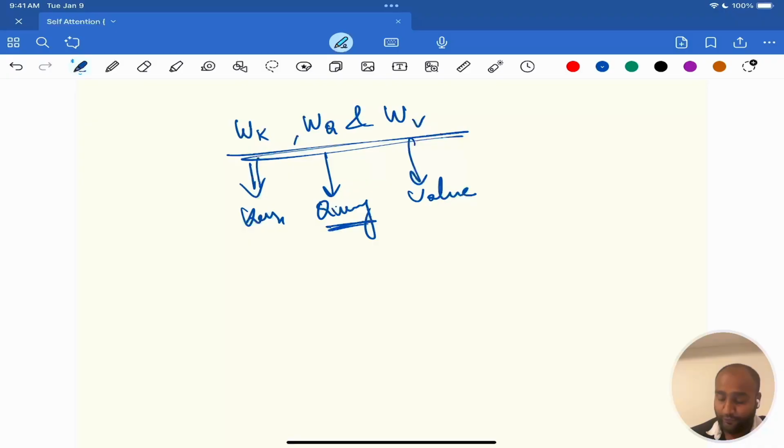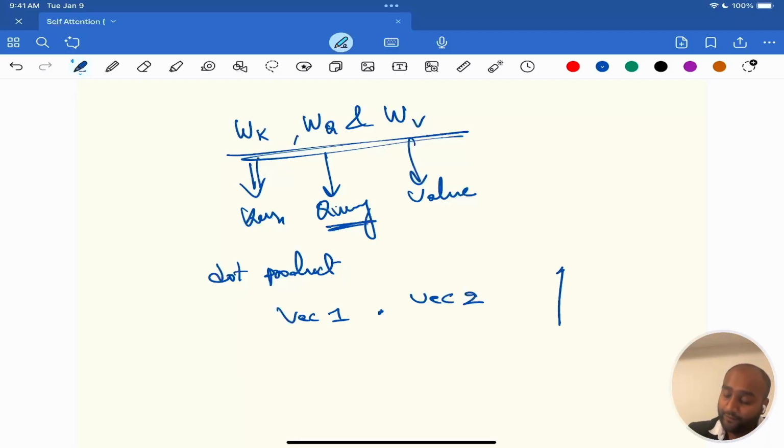You all know this concept of dot product, right? Imagine there is vector 1 and there is vector 2. When you do a dot product between these two, if there is a high value, that is how you know these vectors are in the same direction or are similar.